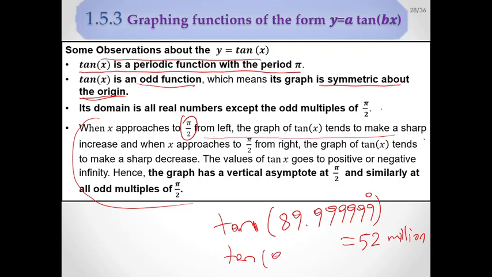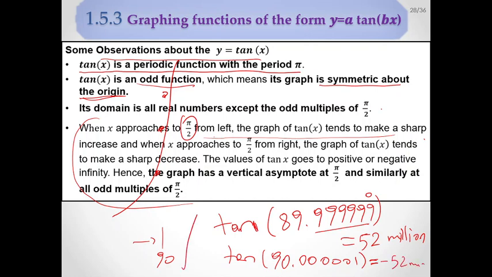If you approach 90 from this side, you will have blow-up values, very big values. But if you approach it from the other side, you will get minus 52 million, something like that. So you will have values on this part, very, very low points.